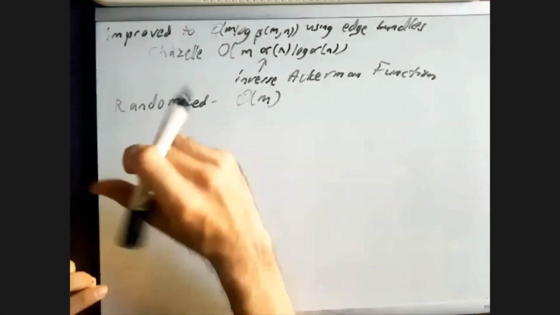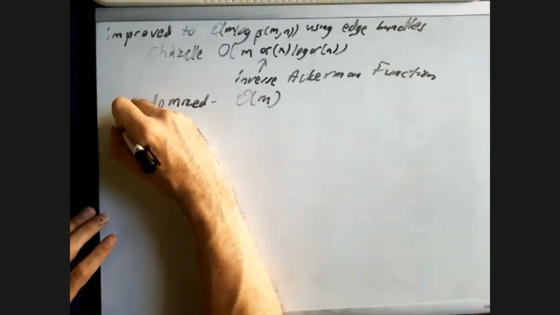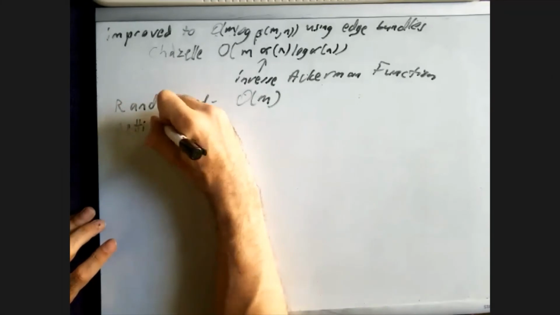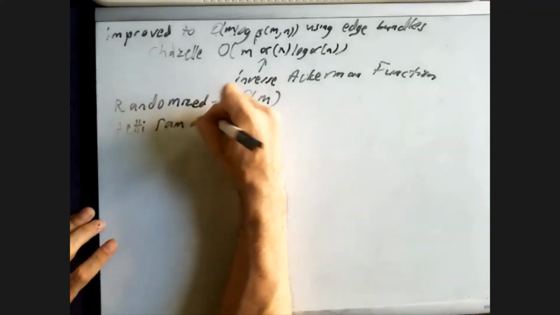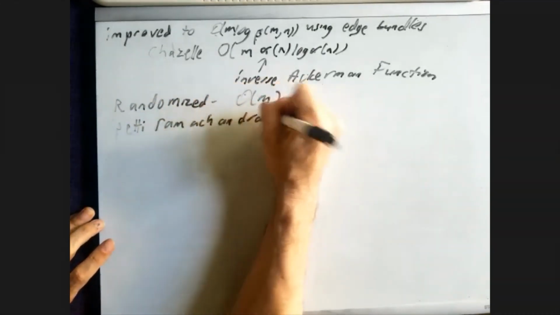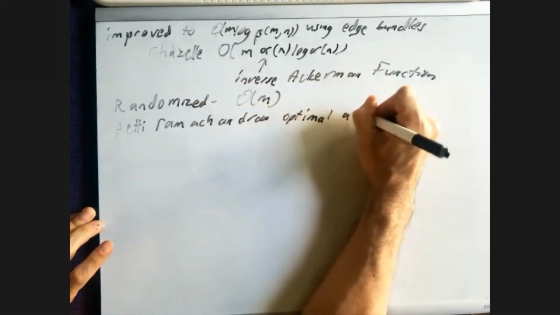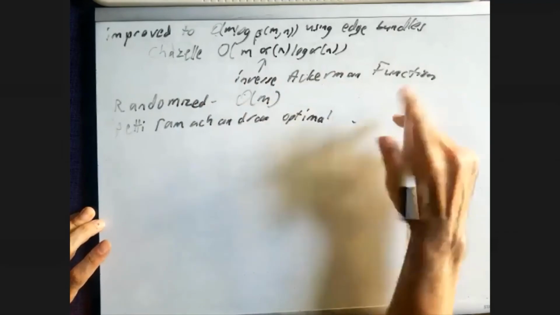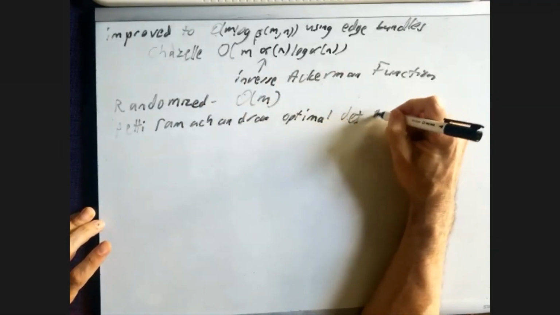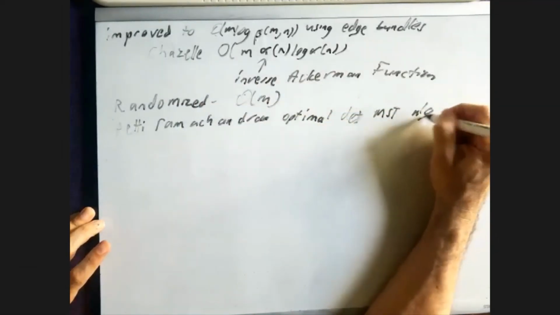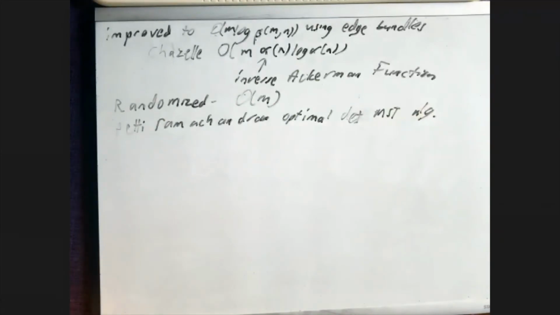But the weirdest thing of all about minimum spanning tree is that we actually have an optimal algorithm. An optimal deterministic MST algorithm, which was developed about 20 years ago.